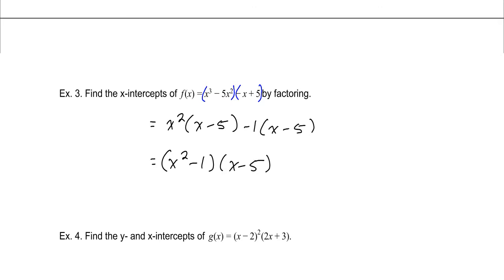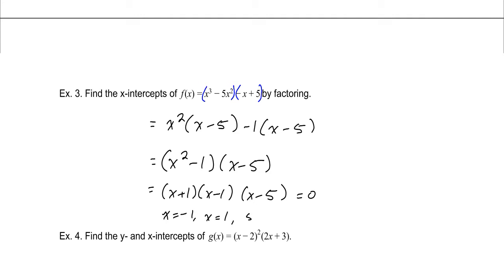So the x-intercepts, if we continue factoring, this is x plus 1, x minus 1. Bring down our x minus 5. Our x-intercepts are where this is 0. So for the first one of those, we have x equals negative 1. For the second, we have x equals positive 1, and then we have x equals 5.